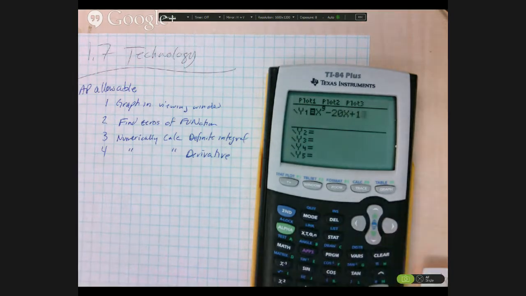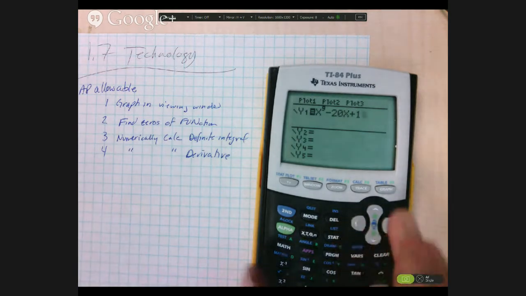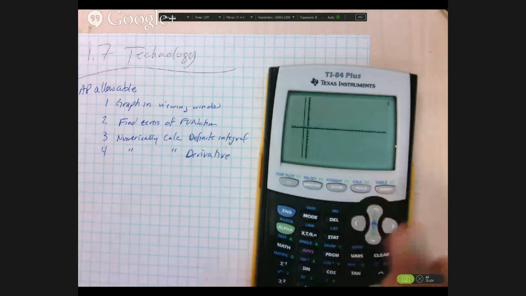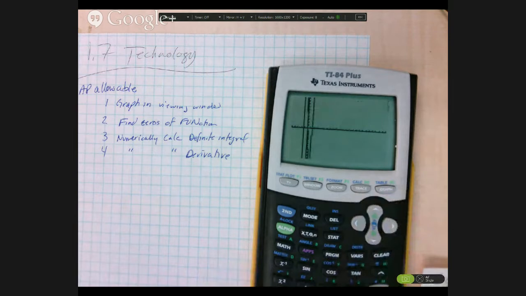Okay, I'm going to show you some ways to manipulate the window. How do I get the standard viewing window? Zoom 6. Zoom 6 gives you zoom standard.